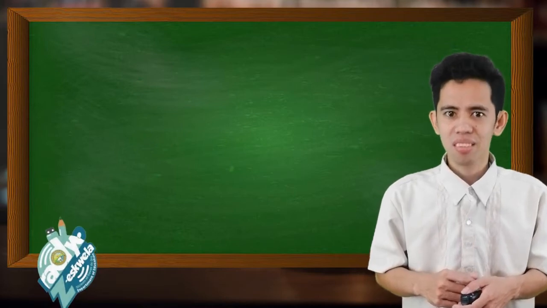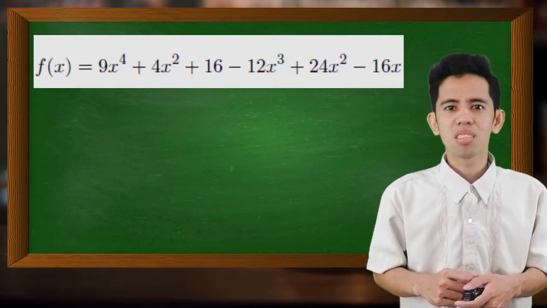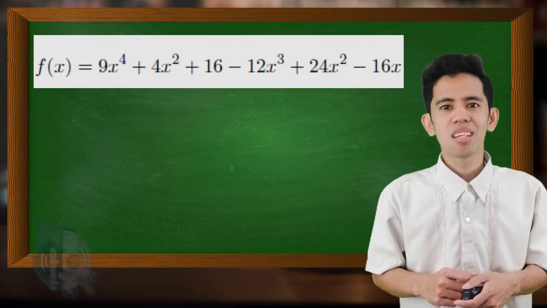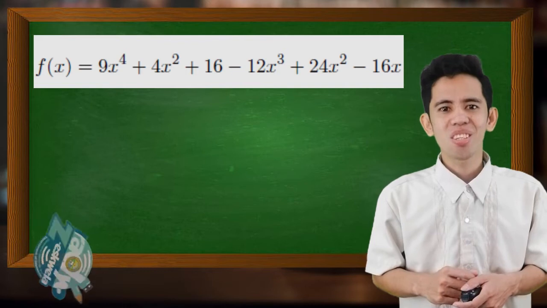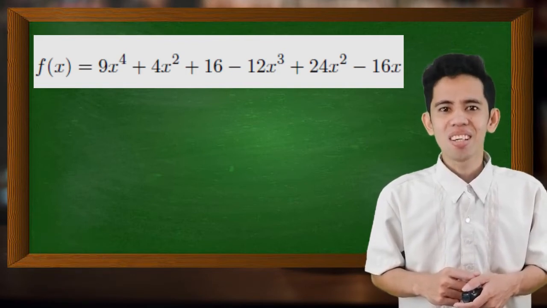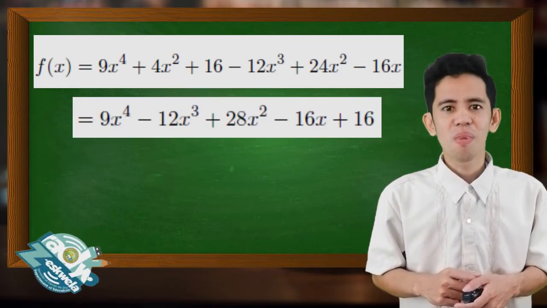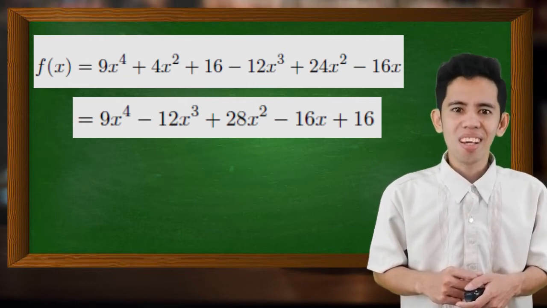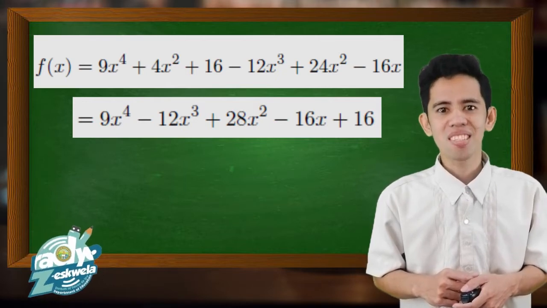is right. So we have 9x to the power of 4 plus 4x squared plus 16 minus 12x cubed plus 24x squared minus 16x is equal to 9x to the power of 4 minus 12x cubed plus 28x squared minus 16x plus 16.